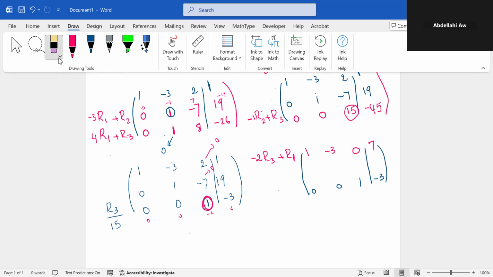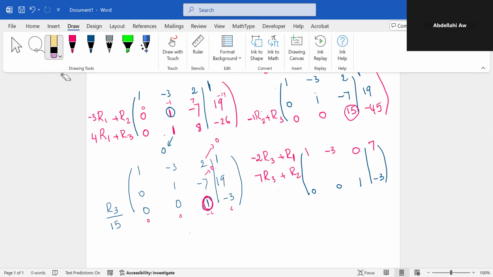What do I do? I'm going to multiply row number 3 again by +7: 7 R3 plus R2. You see, again, all the steps look alike. A Gauss elimination is just a repeat of the same steps, pretty much.